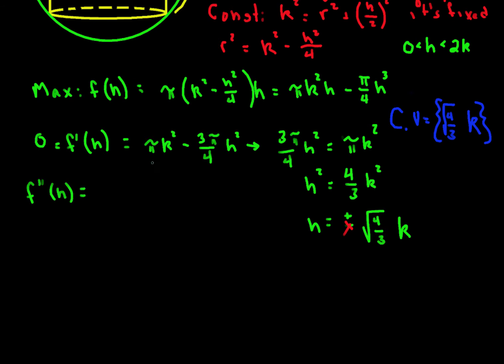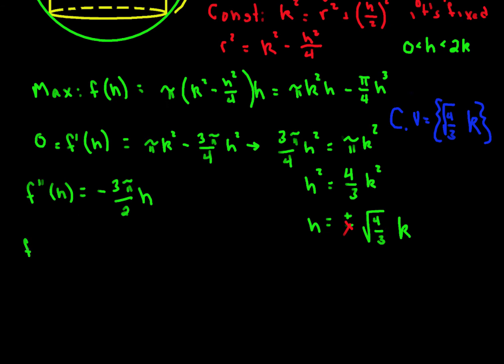So this is a constant, so the derivative of that is 0. And when I take the derivative here, I'll get negative 3 pi over 2 h. And evaluate it at this point.